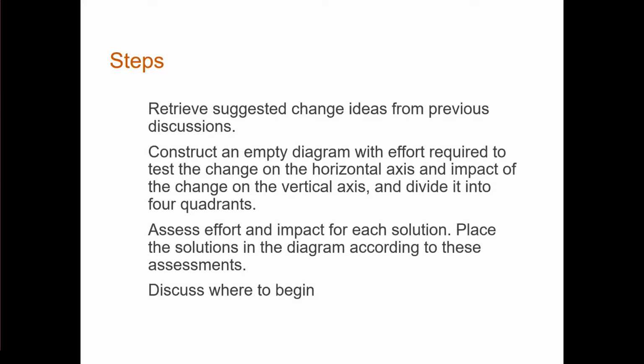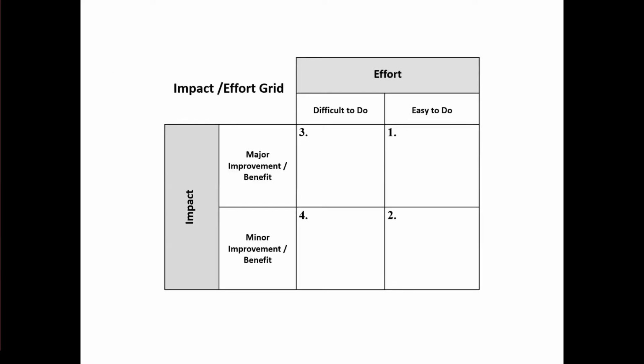If you go to the next slide, Laura, we can actually see one. And so the boxes, although they're labeled minor, major, difficult, easy, we all know things aren't quite that black and white. So when you're taking your change ideas, and a sticky note is a good thing to use because you can move it around, think about where do I place it within the box?